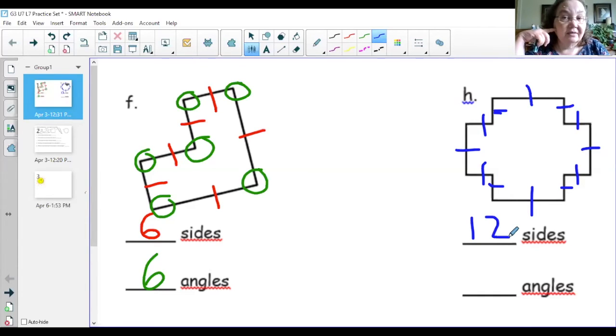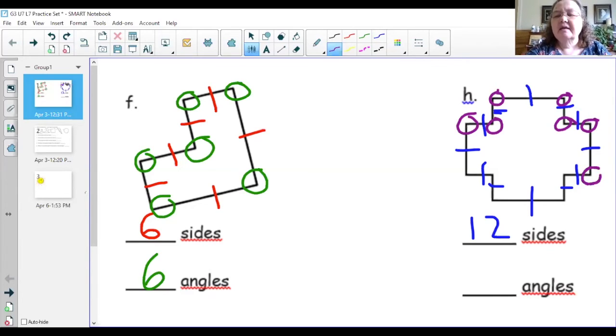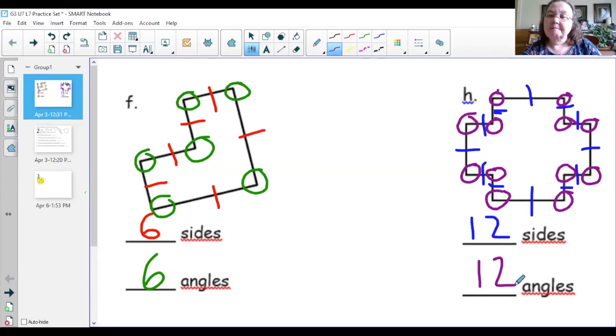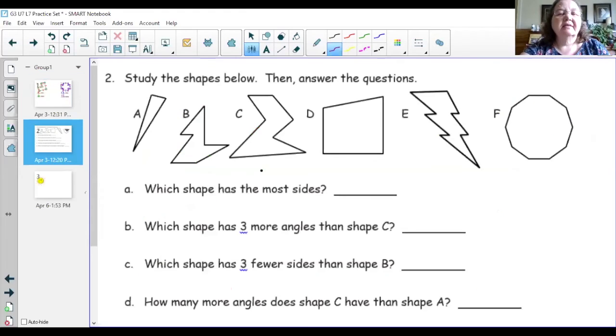How many angles do you think there are? Let's check to see if you're right. 1, 2, 3, 4, 5, 6, 7, 8, 9, 10, 11, 12. There are 12 angles. Is that what you guessed? You didn't guess, you knew it.